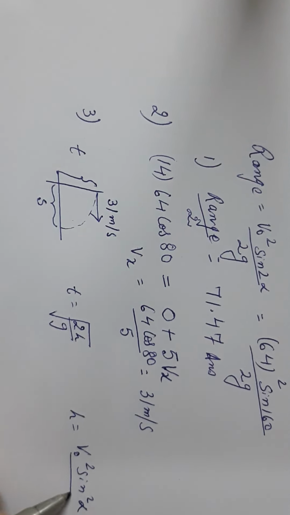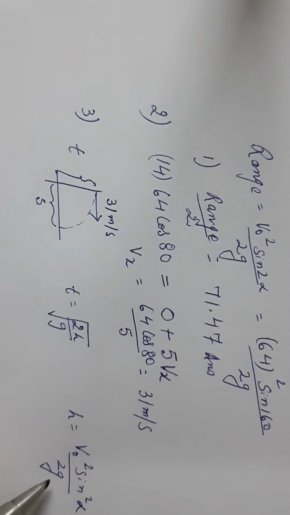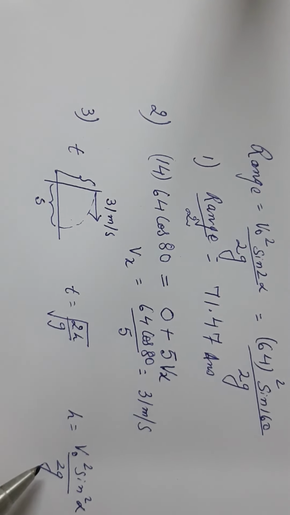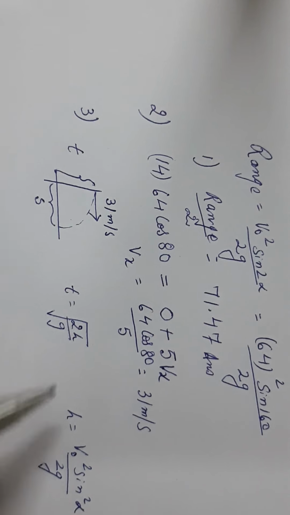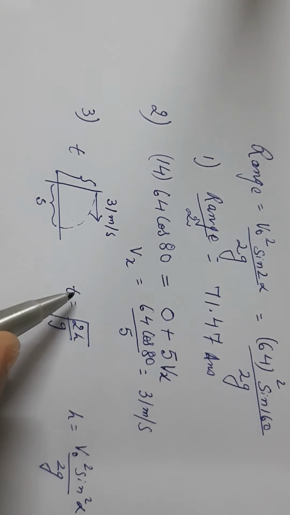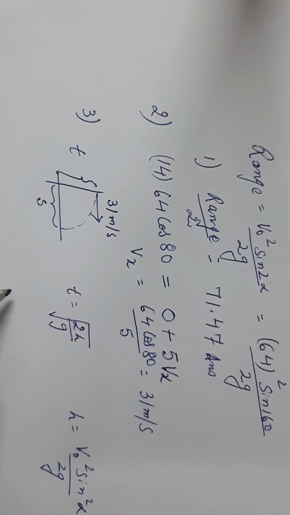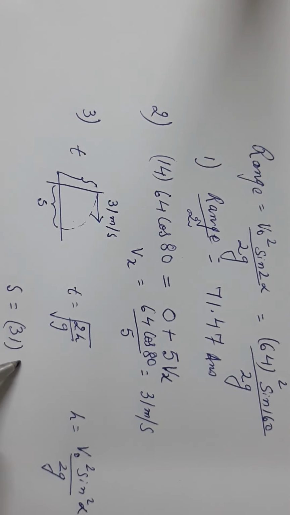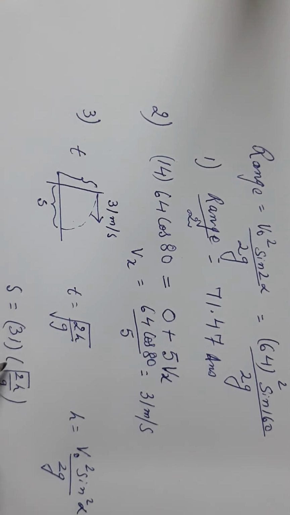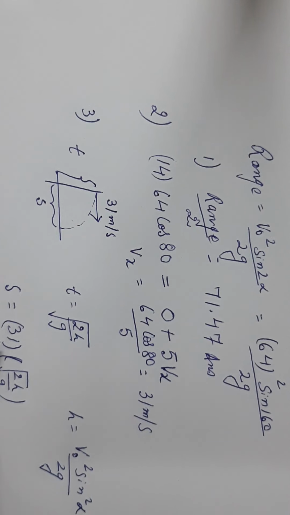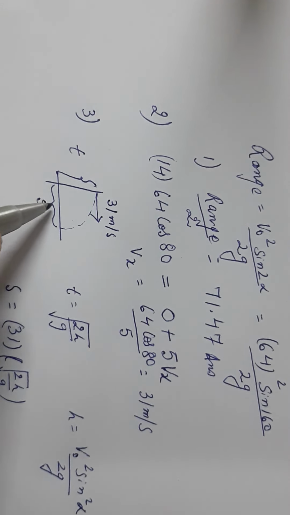We can calculate the maximum height by placing the values, and that value can be used to get the time of flight. Why do we require time of flight? In order to calculate S, we have to multiply 31 with the time of flight, the square root of 2h by g. Why so? The velocity component along the x direction will remain the same as there is no acceleration in that direction. Multiplied with the total time of flight, it will give me S.